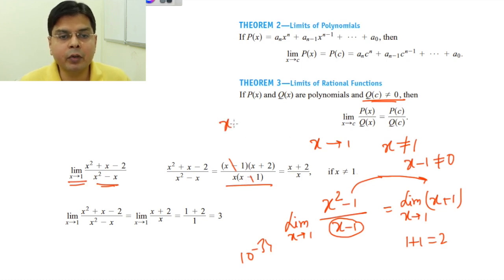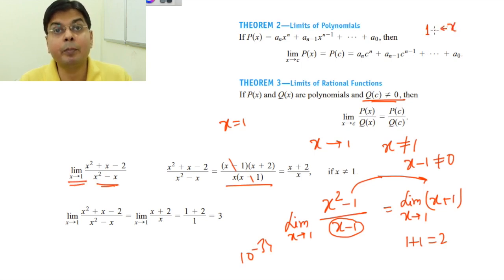The moment I say that your x is equal to 1, then I cannot divide by x minus 1, because it will be 0 by 0, and division by 0 is not allowed. So when I say that limit x tends to 1, it means x is approaching this 1, suppose my 1 is here, but it is only approaching, it is just about to reach there, but it has not reached there.